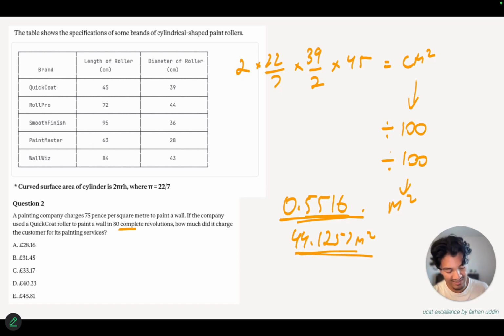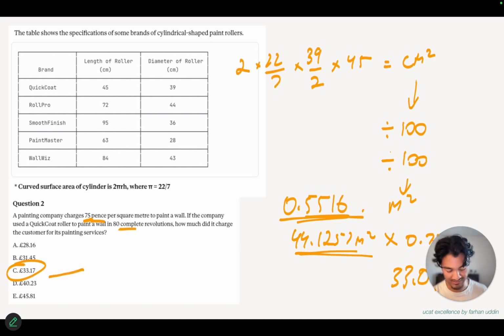Now we know if it's 75 pence per square meter, then we multiply this by 0.75, giving us our answer of 33.09. So if you've got 33.09, fantastic. That answer is correct. But in this case, the answer is C, because when I made these questions, it rounded on every step of the calculation.